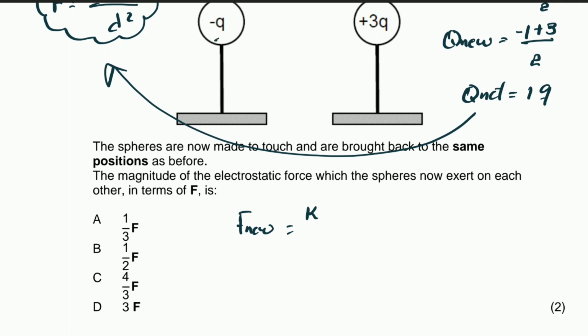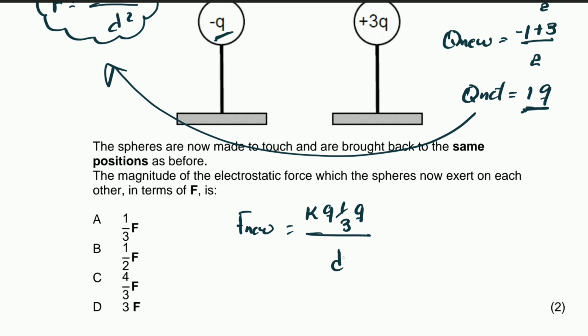Q1 stays with the same magnitude of 1, because remember, each will have a magnitude of 1Q. So I'm going to write Q, and in this formula you do not substitute any signs or things like that. Now the second charge was 3Q, but now it's also 1Q, so it decreases by 1/3. So it's 1/3 of Q.